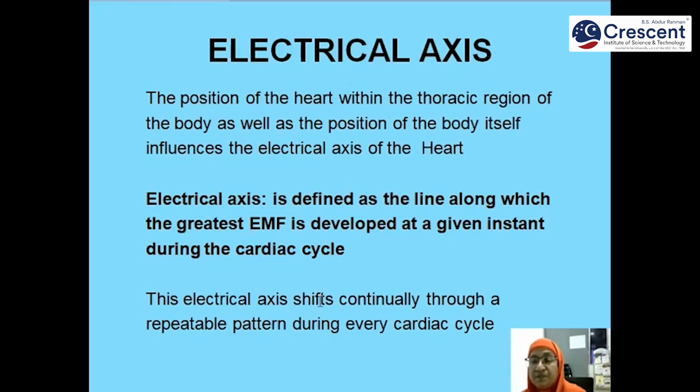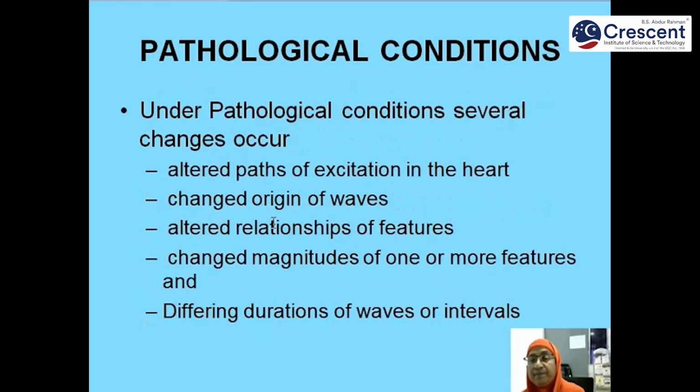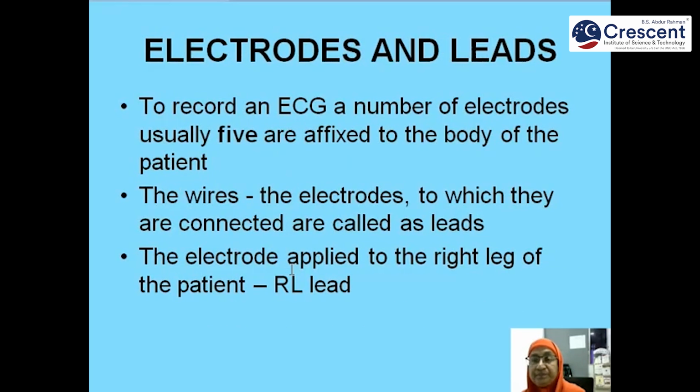This axis shifts continuously through a repeatable pattern during every cardiac cycle. So what happens when there is an abnormal condition? Under pathological conditions there is an altered path of excitation of the heart, changed origin of waves, altered relationships of features, changed magnitudes of one or more features, and differing durations of waves or intervals.